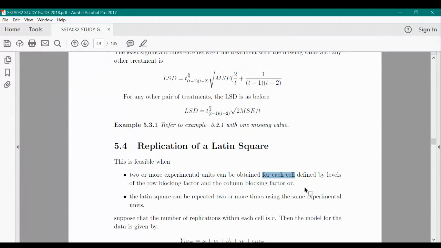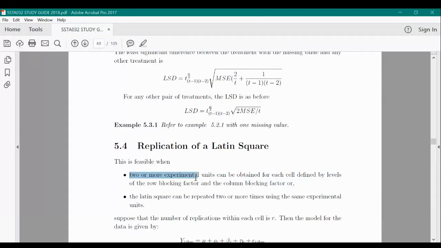So you're simply saying when you get a question, in each and every cell you'll have a letter representing the treatment, and then you'll have more than one number. There's no way that in each and every cell you can have different replications. If cell 1 has 3 values, it means even the other cells will have the same number of values. So that's what it's saying here.